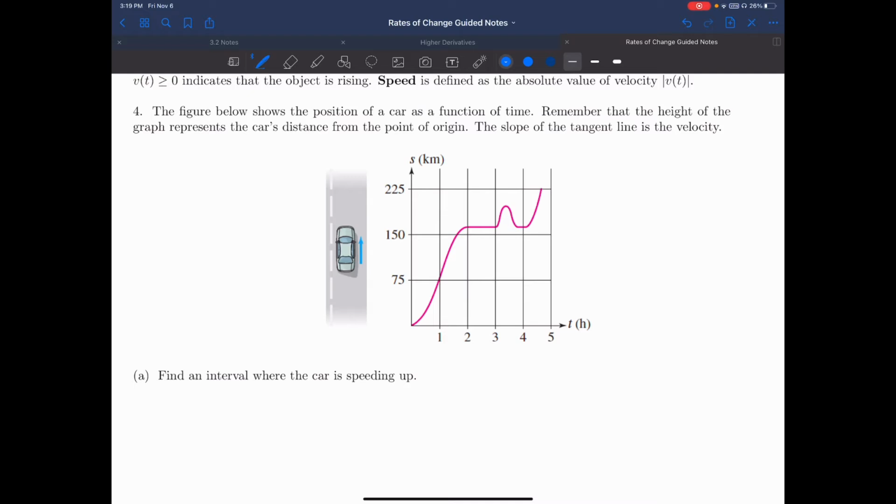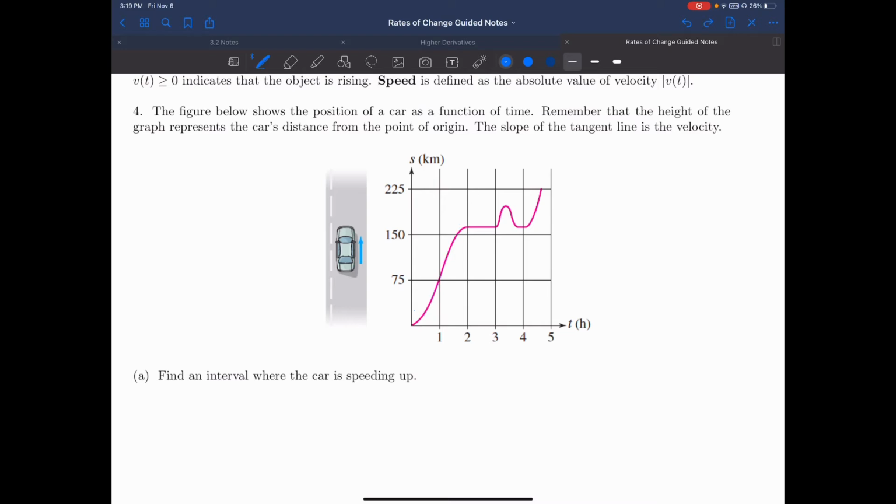Okay, so you have this graph here. The car is speeding up when it has a positive velocity. That means that the derivative is positive, or the slope of the tangent line is positive. If we were to draw a tangent line right here, something like that, you can see that it's a positive slope.